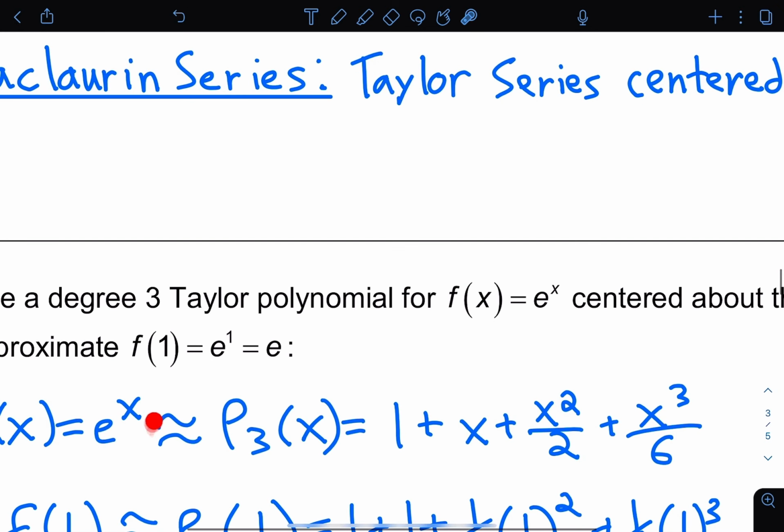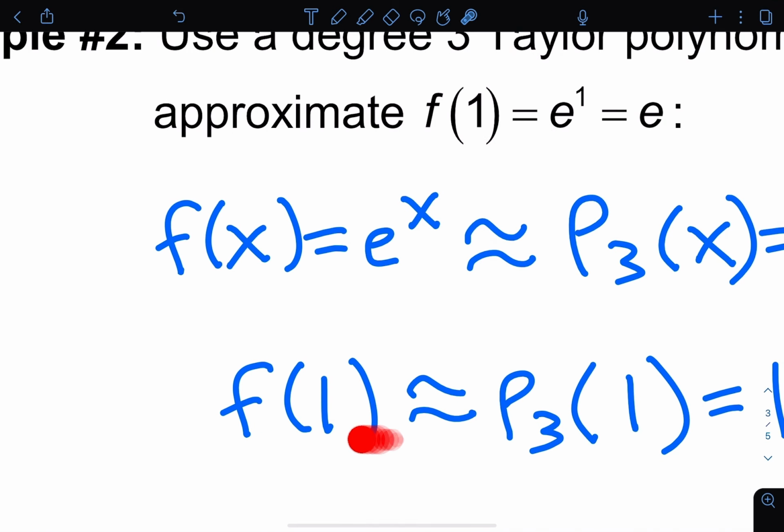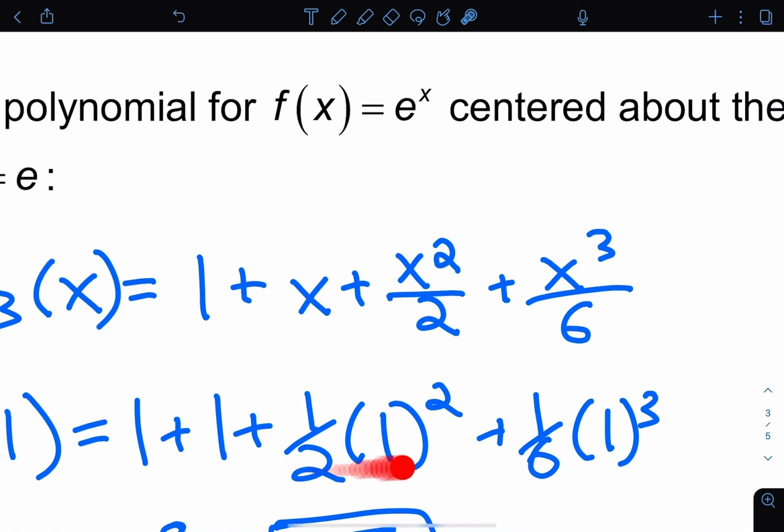So again, I use the approximation symbol here. I am approximating e to the x with this degree 3 Taylor polynomial. And now I want to approximate what f of 1 is. So f of 1, which is e to the first, is approximately P3 of 1. So I replace all of these x's with a 1, and now I add all these together.